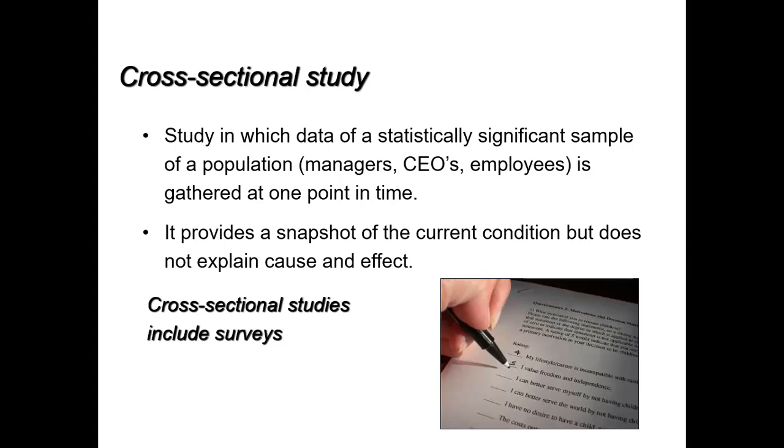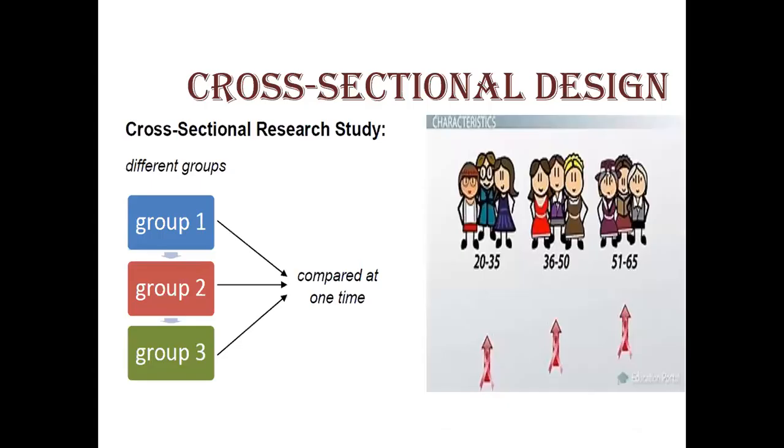Cross-sectional studies include surveys. Your research survey is a cross-sectional one. Say in a particular research there are group 1, group 2 and group 3: group 1 aged 20 to 35, group 2 aged 36 to 50, and group 3 aged 51 to 65.